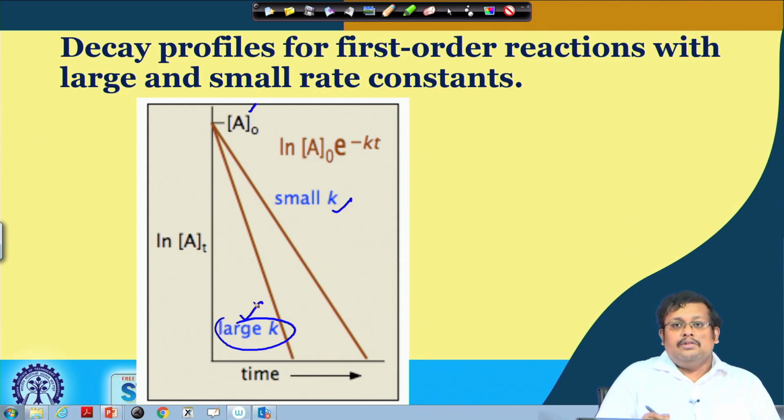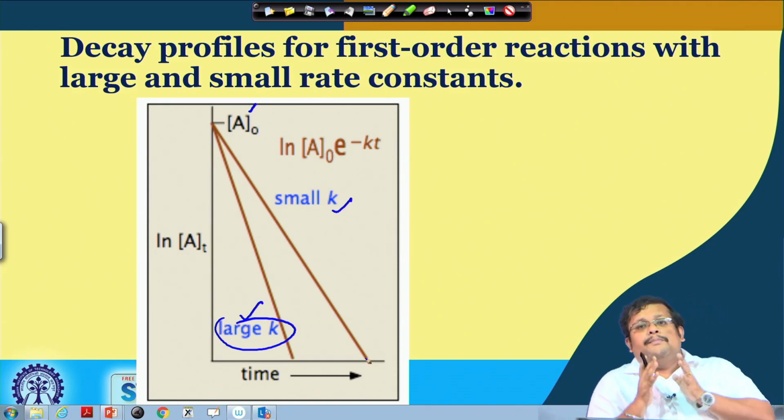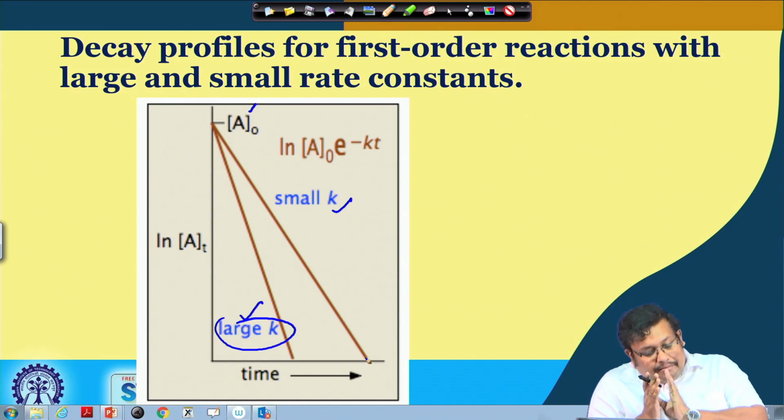So, there is a steep slope in case of large k. This is the decay profile. If you plot the time versus logarithm of concentration at any particular time, then you will get a negative slope as well as a straight line. This is the most important feature of first order kinetics.